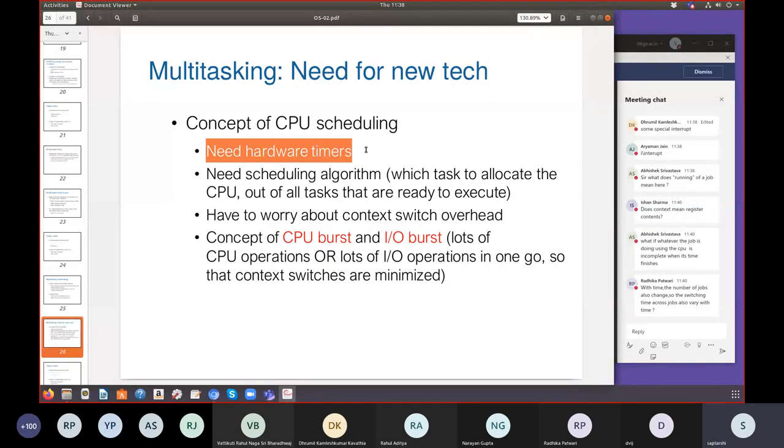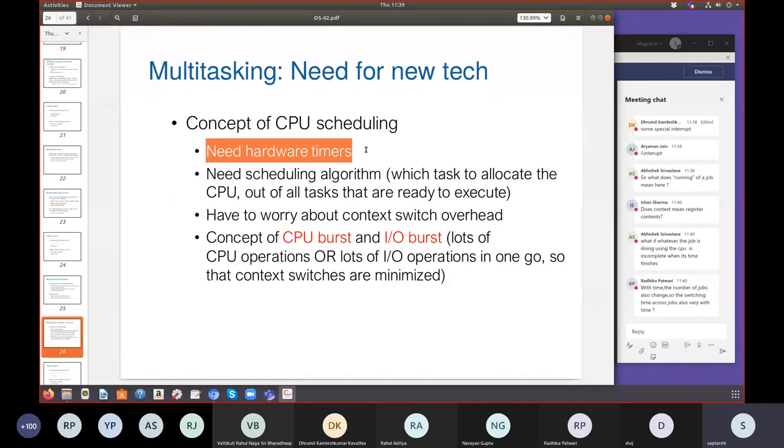Suppose you have written a program which requires 5 seconds of CPU time in total. These 5 seconds will be given to it, but not continuously. So maybe 10 milliseconds will be given to it in one quantum. Then it will be switched. The context will be saved.